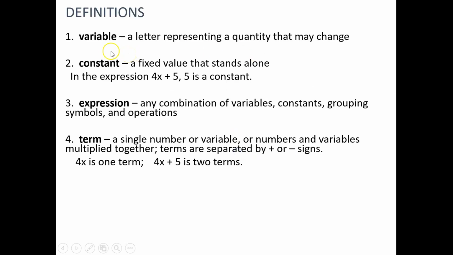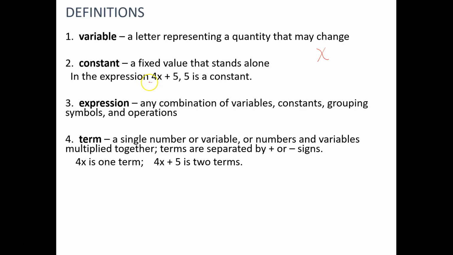First definition, variable is a letter representing a quantity that may change. X is a common variable that is used in algebra, but it really can be any letter. Second definition, constant, a fixed value that stands alone. So if we had the expression, which is actually our next definition there, any combination of variables, constants, grouping symbols, and operations.